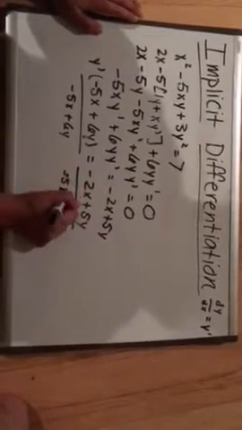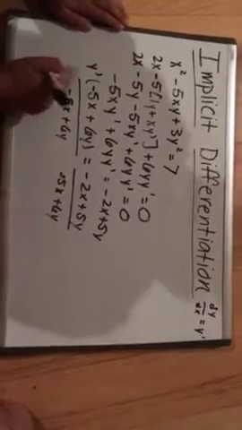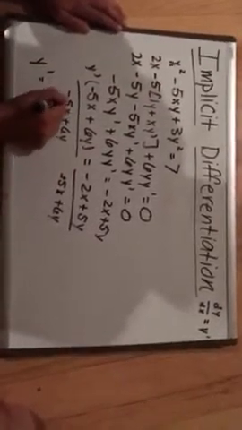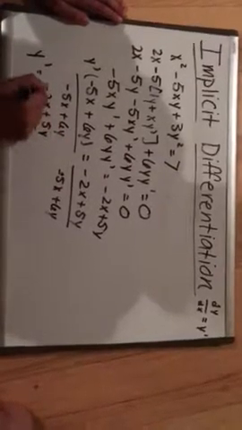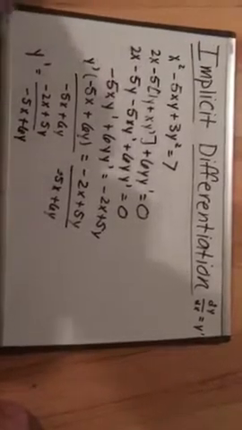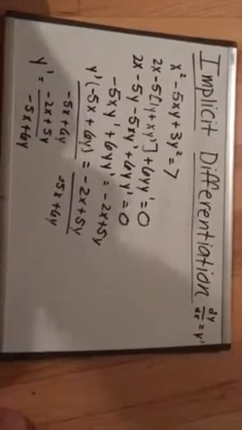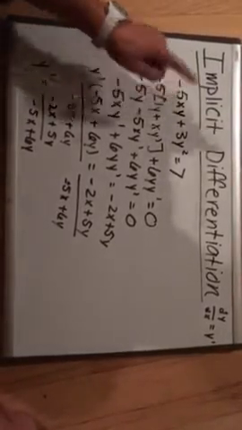So then your answer, y prime, the derivative of this equation, is negative 2x plus 5y all over negative 5x plus 6y. So that is how you find the first derivative of implicit equations like this one.